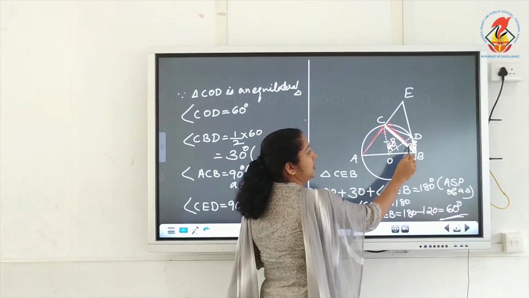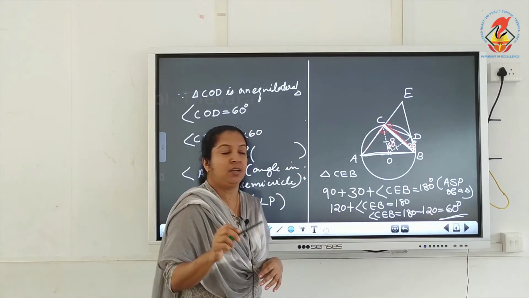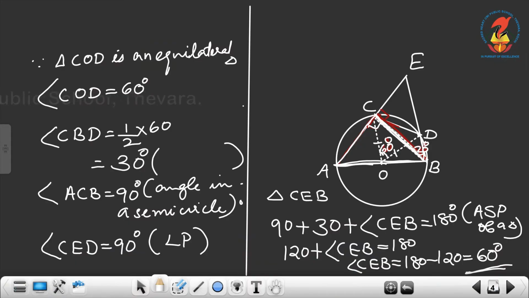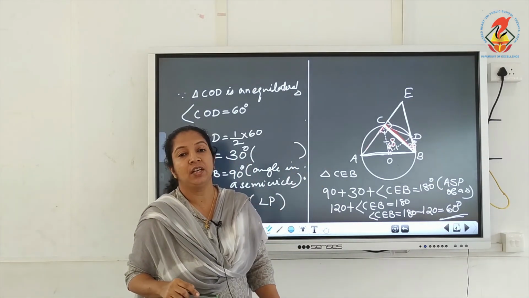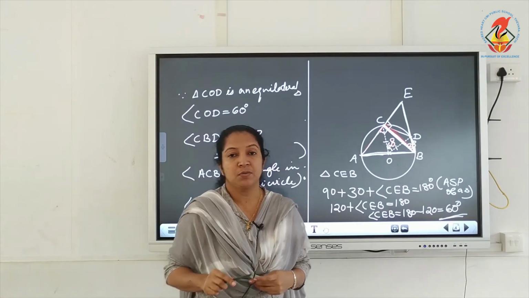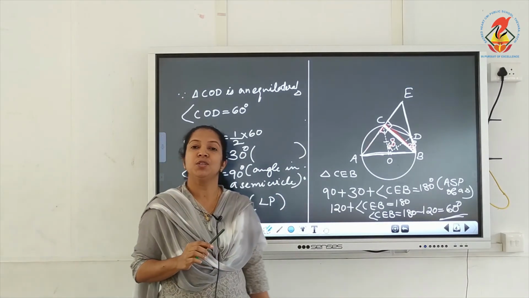So, we got this as 30 and this is 90 degree because this is the angle made by the diameter AB. So, it is 90, angle in a semicircle. So, this is also 90 using linear pair. After that we have considered this triangle CEB in which one angle is 90, other angle is 30. So, remaining we can find by subtracting the sum from 180 degree. So, that is equal to 60 degree.